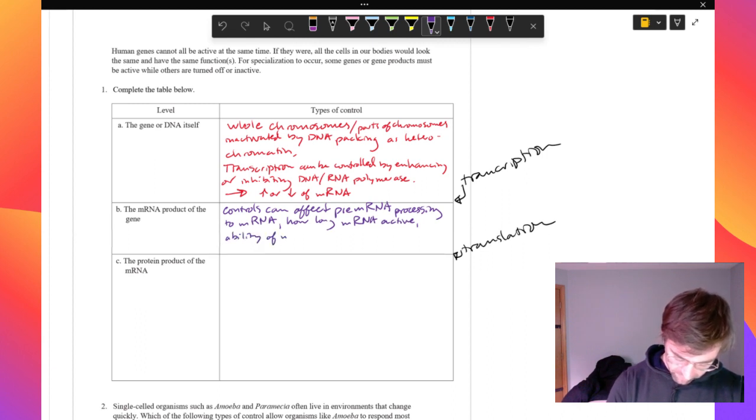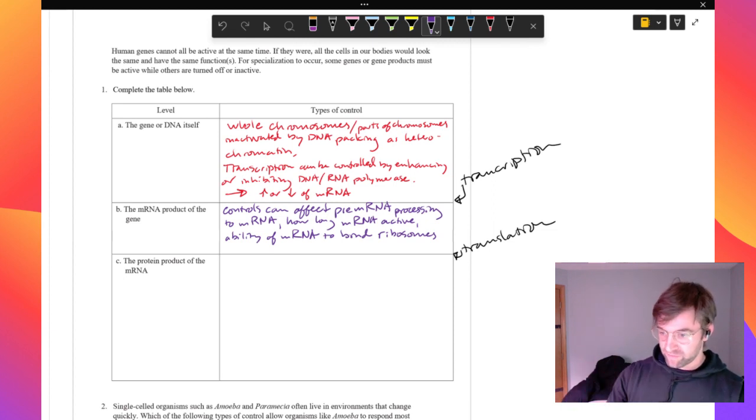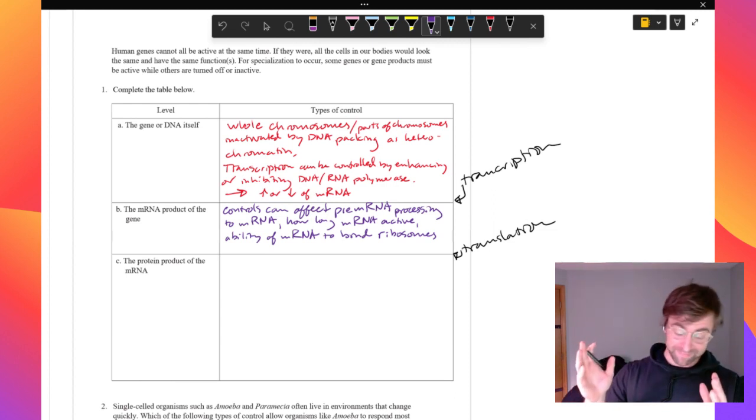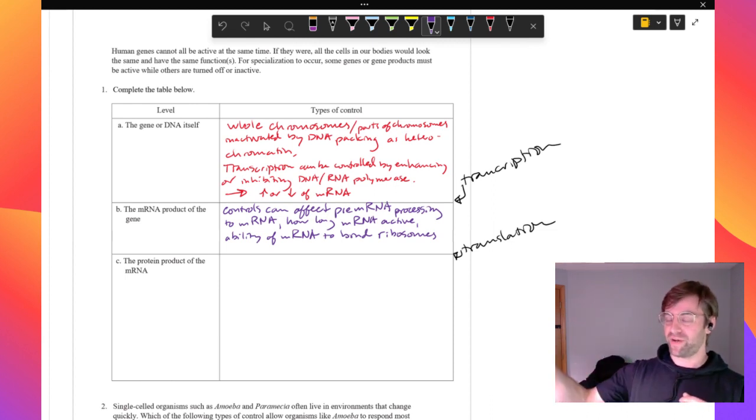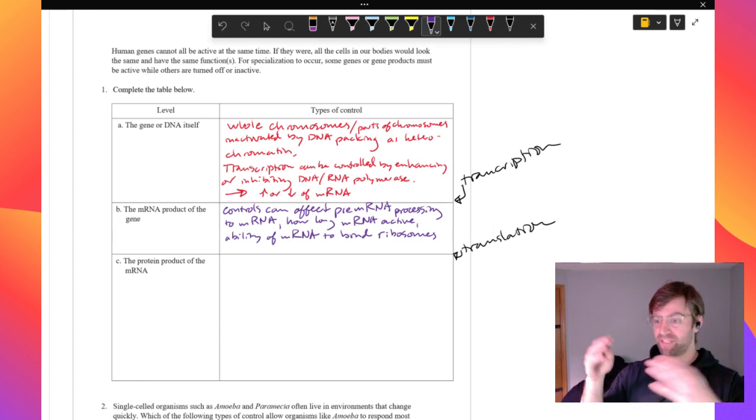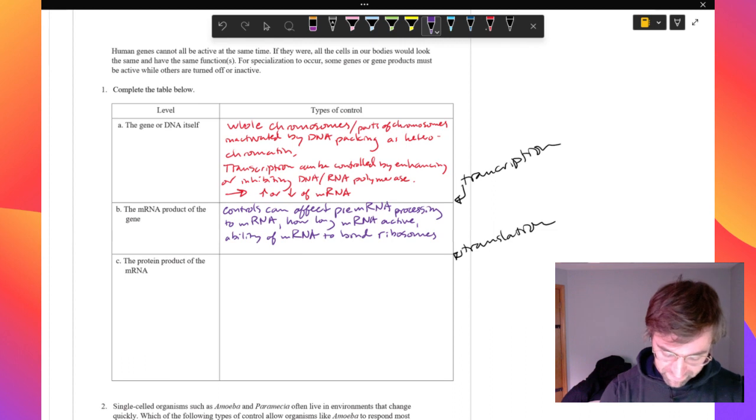And ability of mRNA to bind ribosomes. And ribosomes, remember, are part of the cellular subunits responsible for combining amino acid subunits with mRNA, or excuse me, mRNA is translated into protein using the machinery that is ribosomes, which combine amino acids based on the codon of the mRNA into polypeptides, which manifest into proteins.